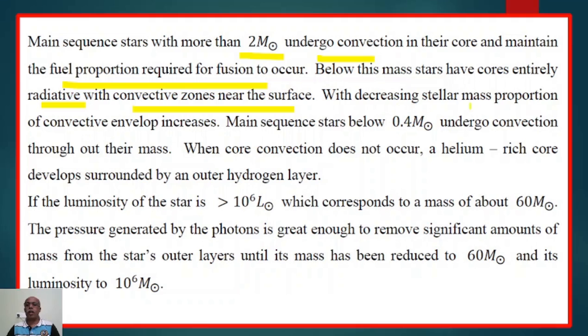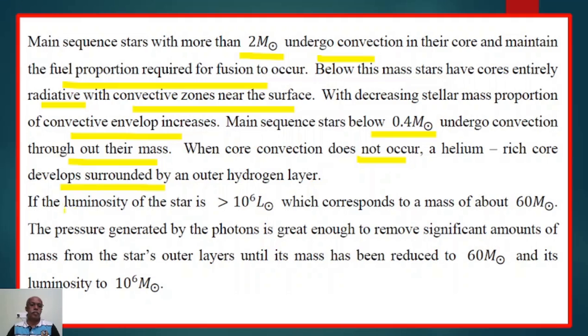With decreasing stellar mass, the convective envelope increases. Stars with masses below 0.4 times the solar mass undergo convection throughout the star. When the core convection does not occur, a helium-rich core develops surrounded by the outer layers of hydrogen atoms.